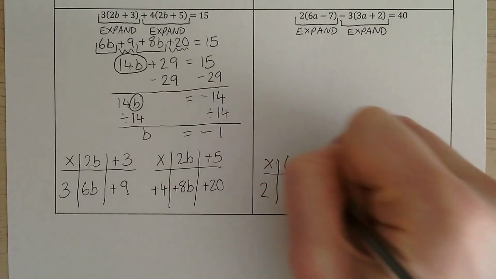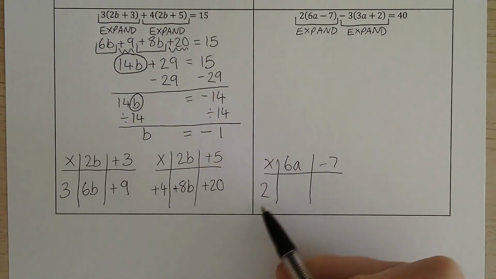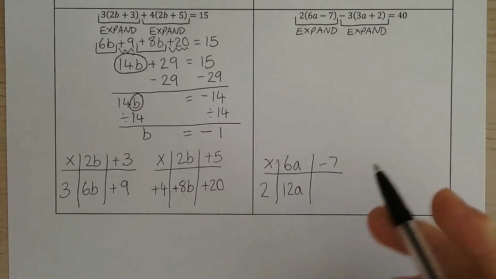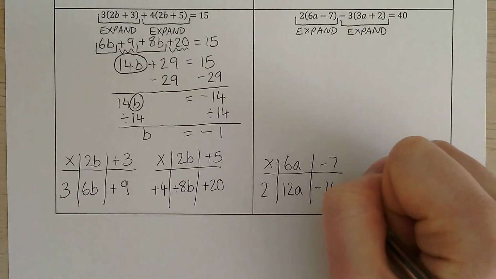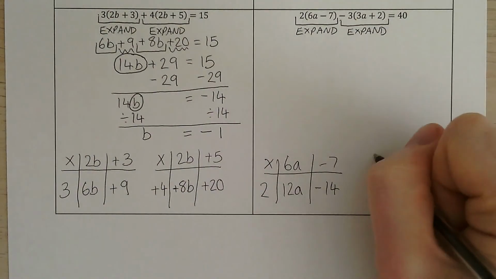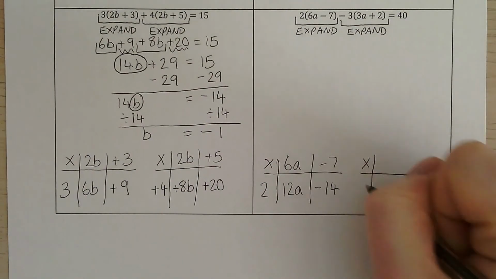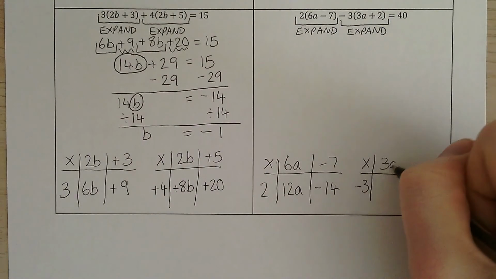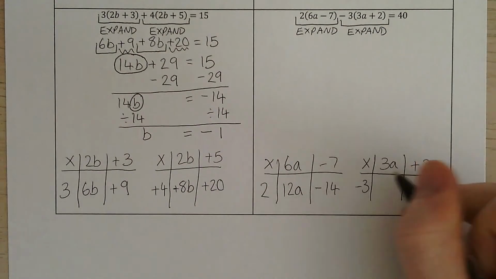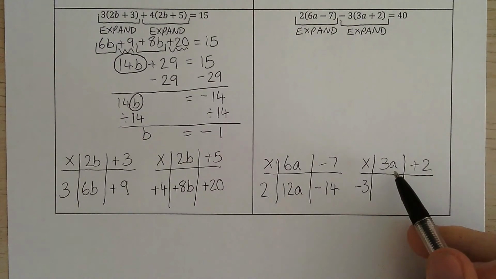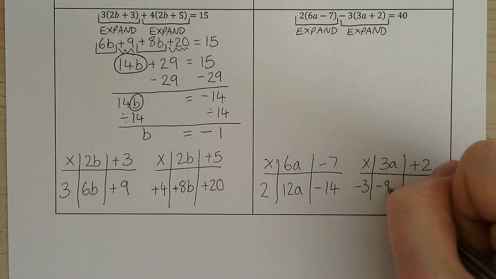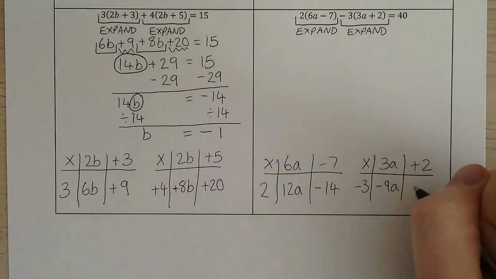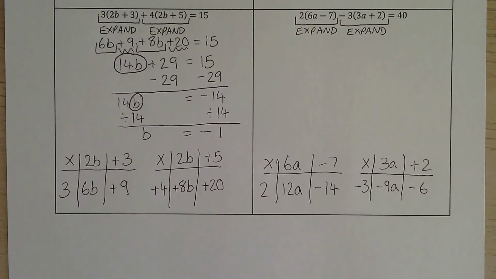Our first grid method will do 2 times 6a for 12a, and 2 times minus 7 for minus 14. Our second grid method has minus 3 on the outside and 3a plus 2 across the top. Minus 3 times 3a is minus 9a, and minus 3 times positive 2 is minus 6.